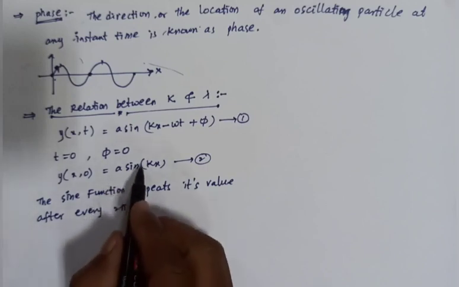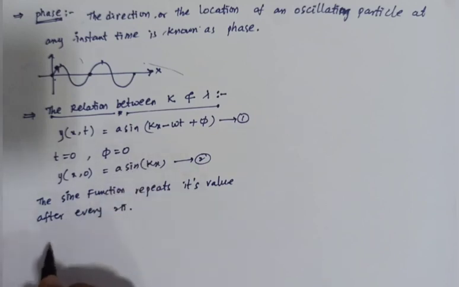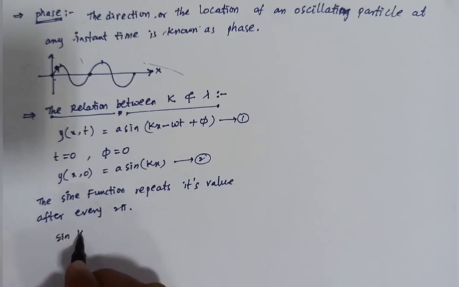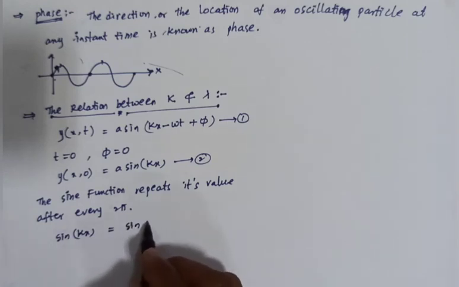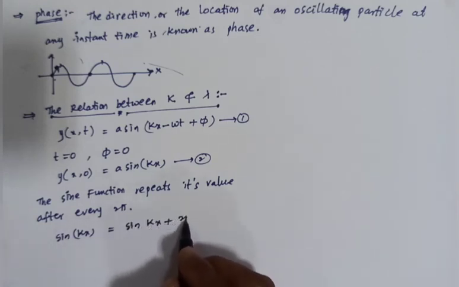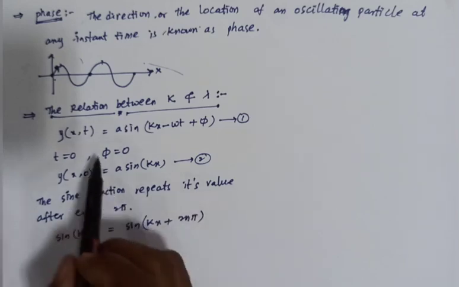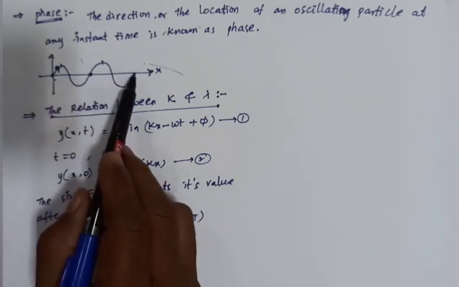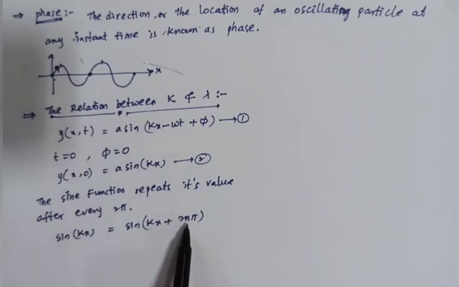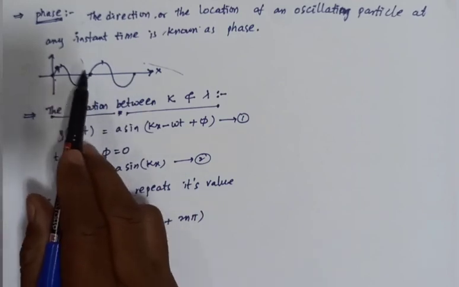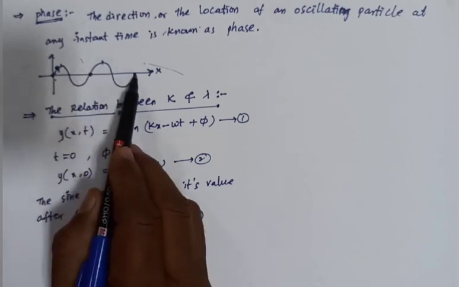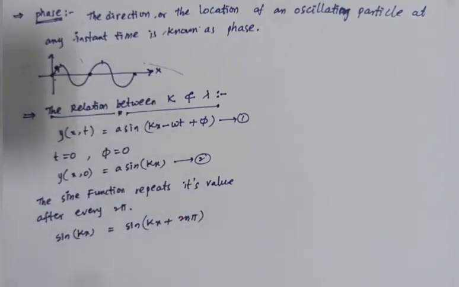So this term sin kx is also written as sin(kx plus 2n pi). Here n is the number of oscillations, n equals 1, 2, 3 and so on, a natural number.